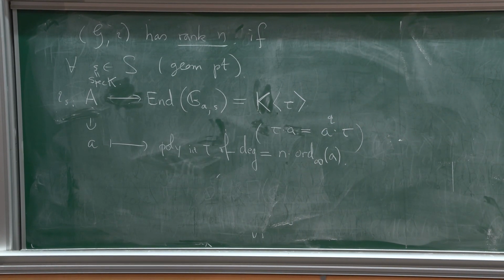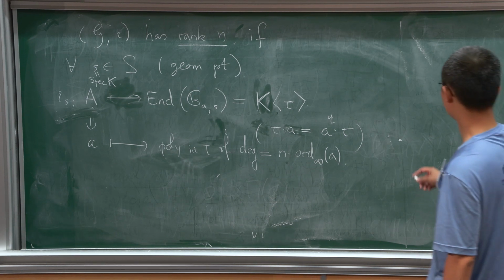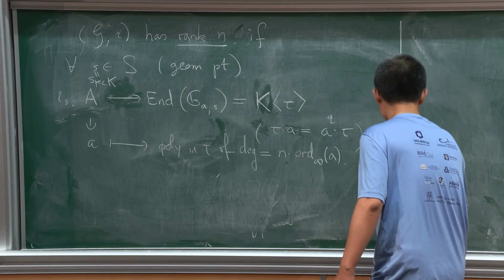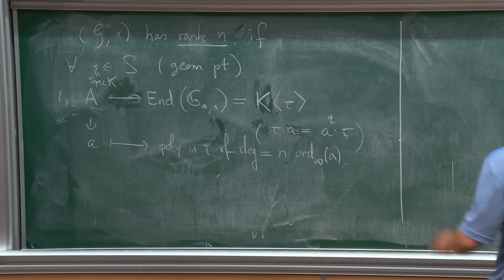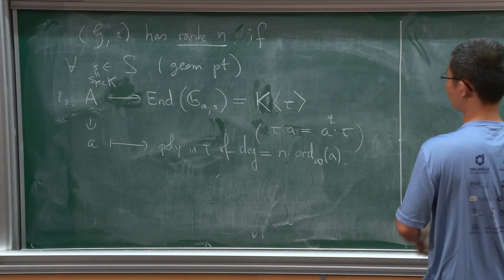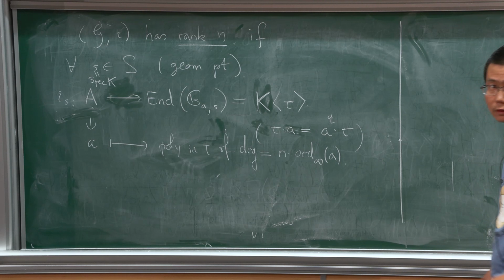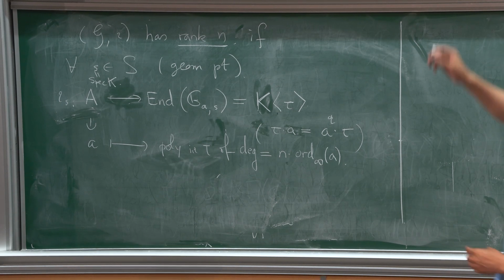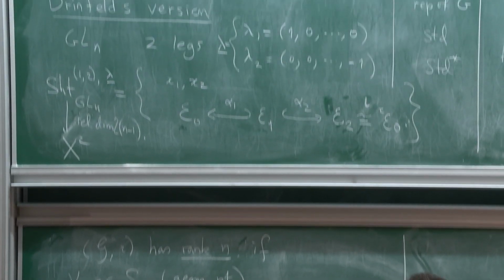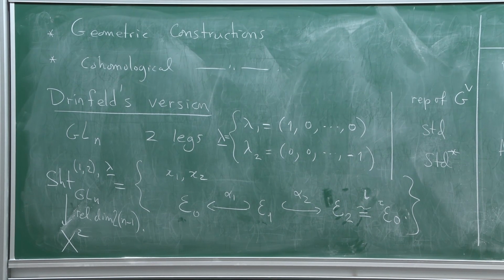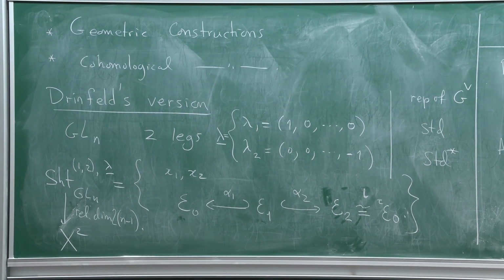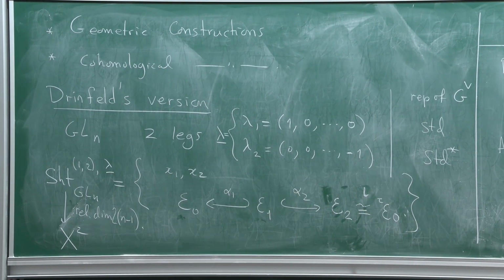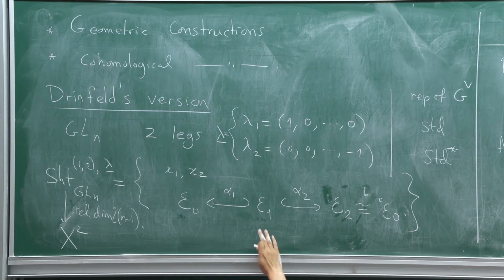So that's the definition. And there's this amazing dictionary between Drinfeld modules on the one hand and certain Shtukas on the other hand. So let me explain what kind of Shtukas they correspond to. I'm going to introduce some kind of Shtukas like this with restrictions.